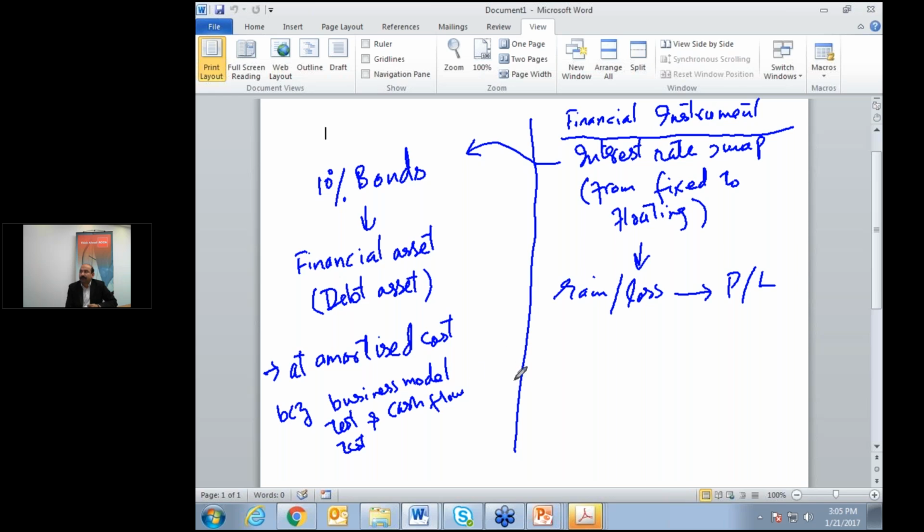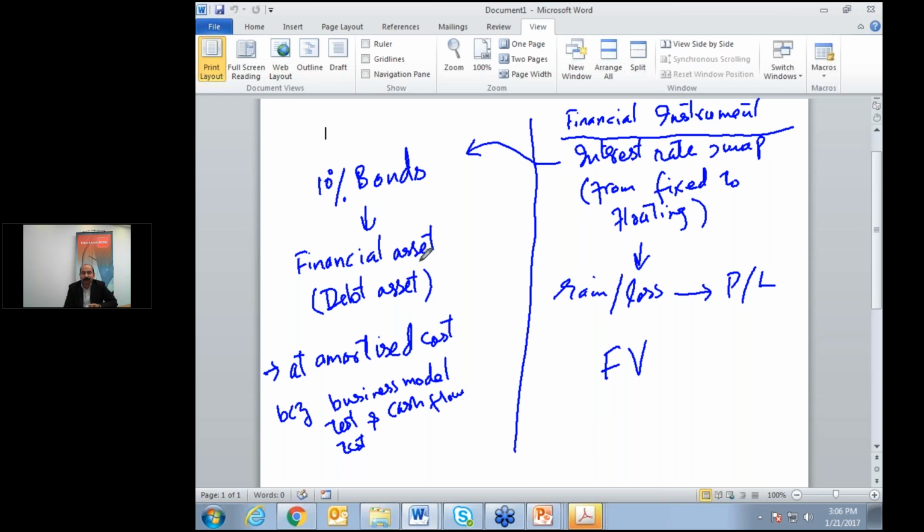So this is the accounting mismatch, because the related financial instrument is being measured at fair value, and the resultant gain or loss is being transferred to the profit and loss account. Here no gain or loss, because this is not being remeasured at fair value.